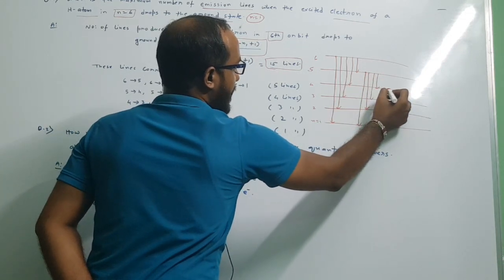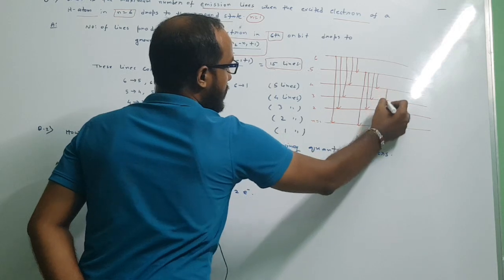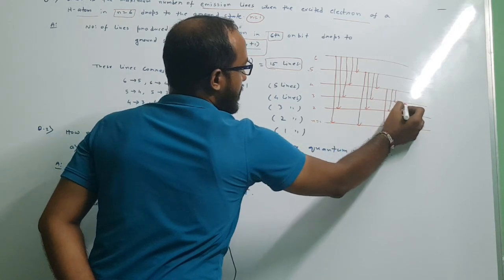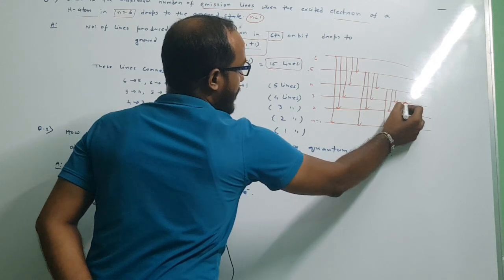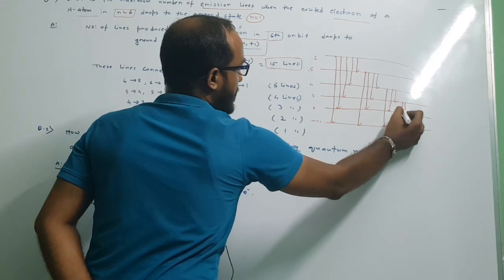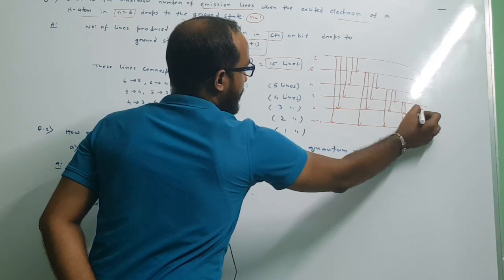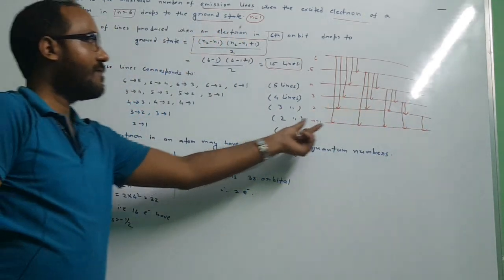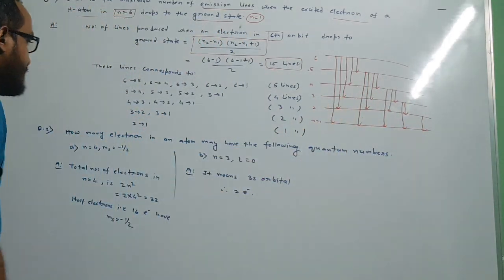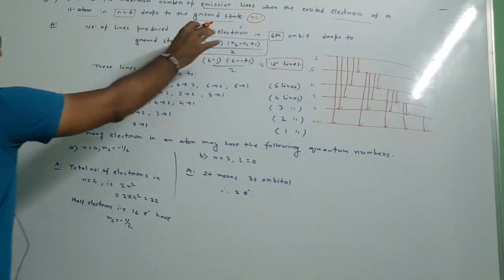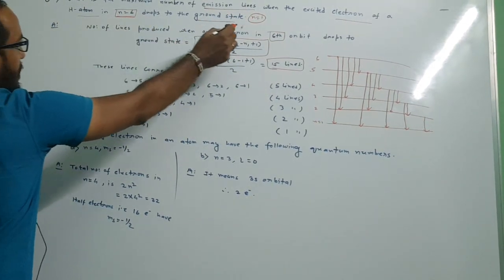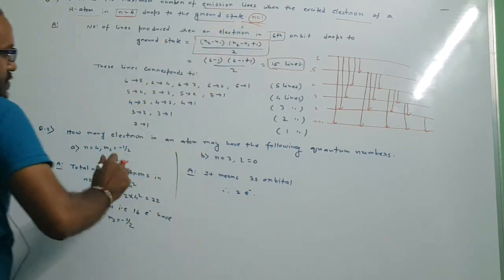Then emission lines like 4 to 1, 4 to 2, 4 to 3, 3 lines. Then it may jump from 3 to 2 and 3 to 1. Then from 2 to 1. So calculate, you will have 15 lines when the electron drops from n equals to 6 to n equals to 1.